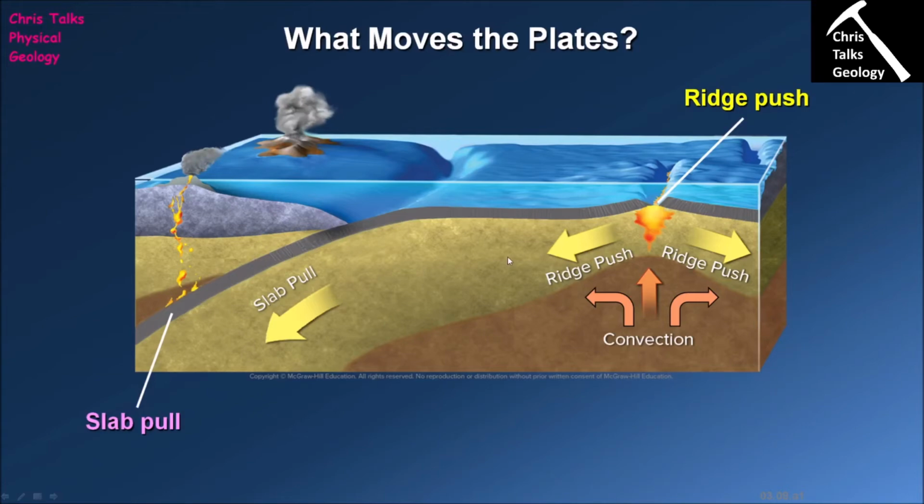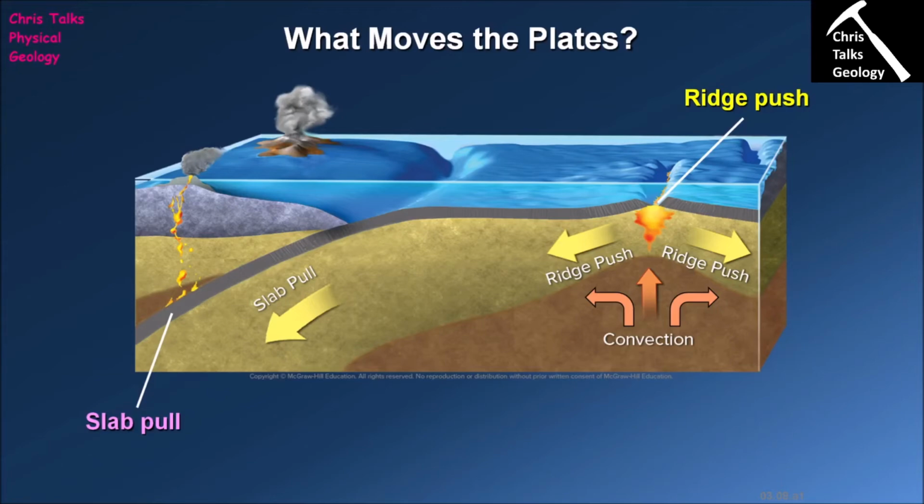Now, that means that ridge push and slab pull are both very important factors in helping to move the plates. When it comes down to it, slab pull is typically the dominant force. So slab pull is what does most of the moving. In some cases, it's been predicted that slab pull could actually account for up to 90% of the movement seen.